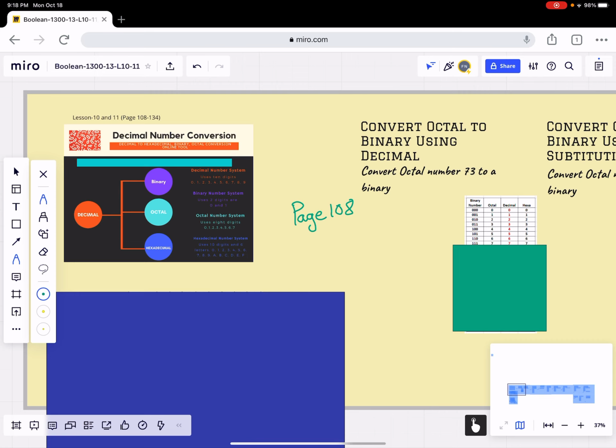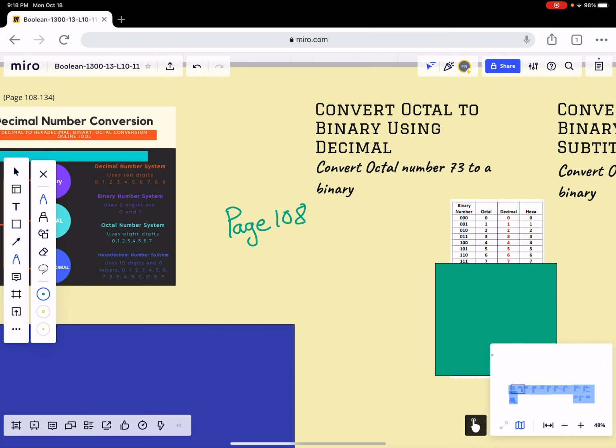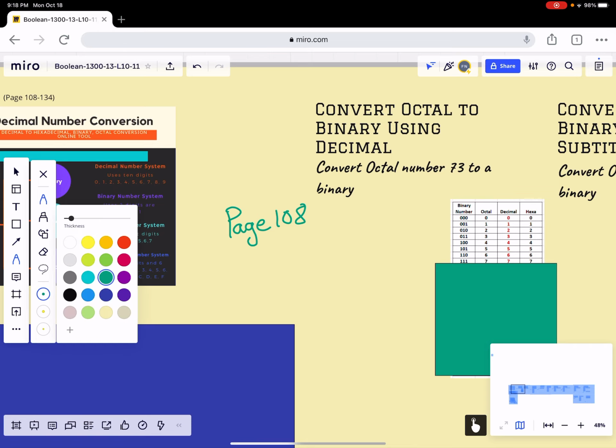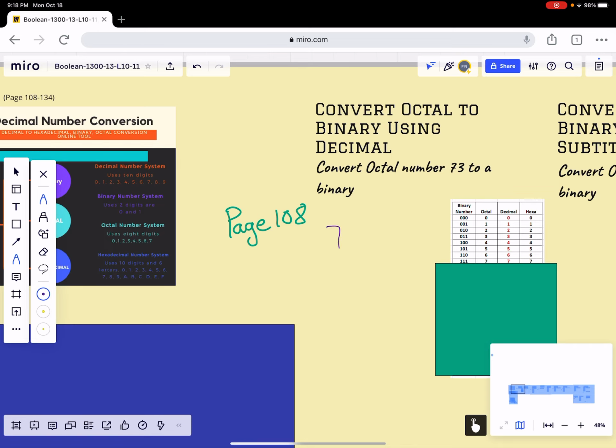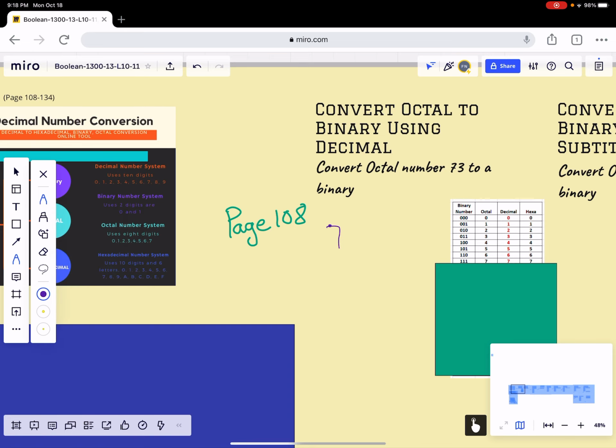So as you can see here, I have number 73. So I'm going to change that to decimal first. This one is an octal number, so the base is 8.